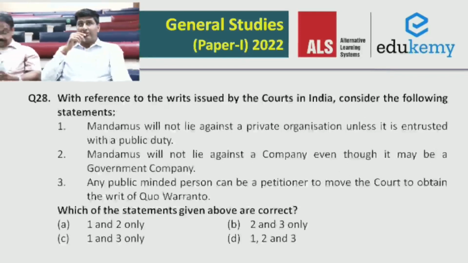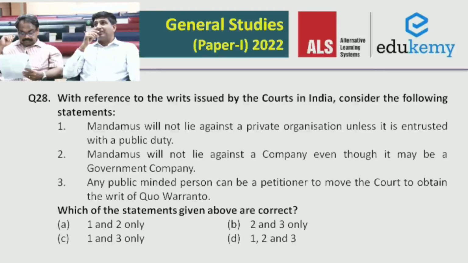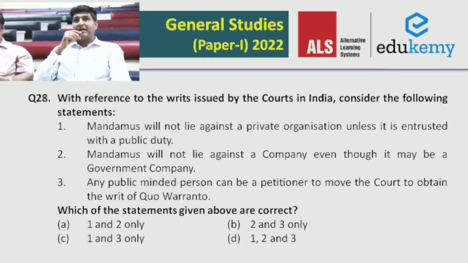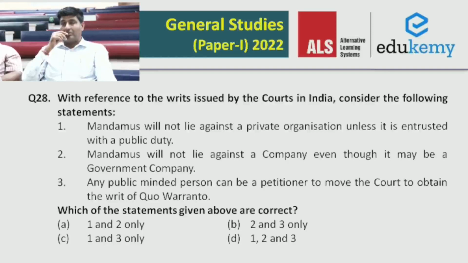Question number 28. With reference to writs issued by courts in India, consider the following. It is about mandamus and quo warranto, 2 of the 5 writs which can be issued by the Supreme Court and High Court under different articles of the Indian Constitution. The first says mandamus will not lie against a private organization unless it is entrusted with a public duty.